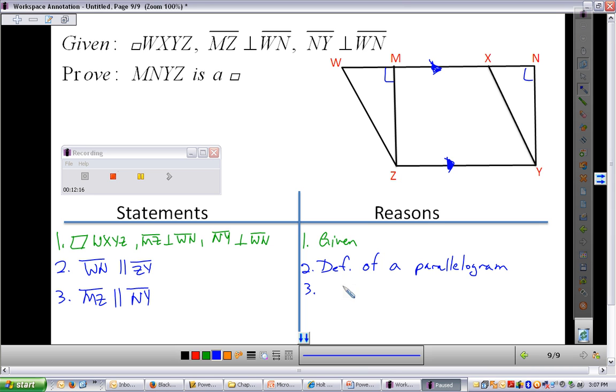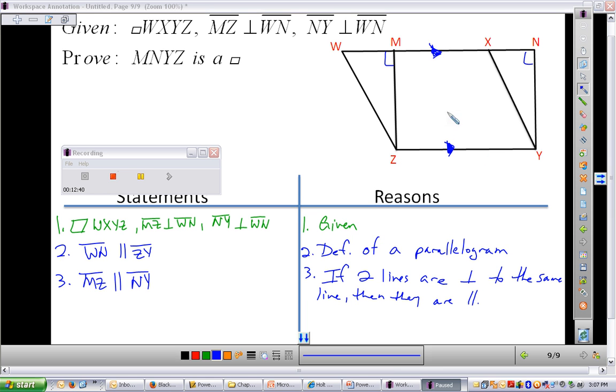And just as that theorem that I just stated, if two lines are perpendicular to the same line, then they are parallel. Good, so I can go ahead and mark that up here now.